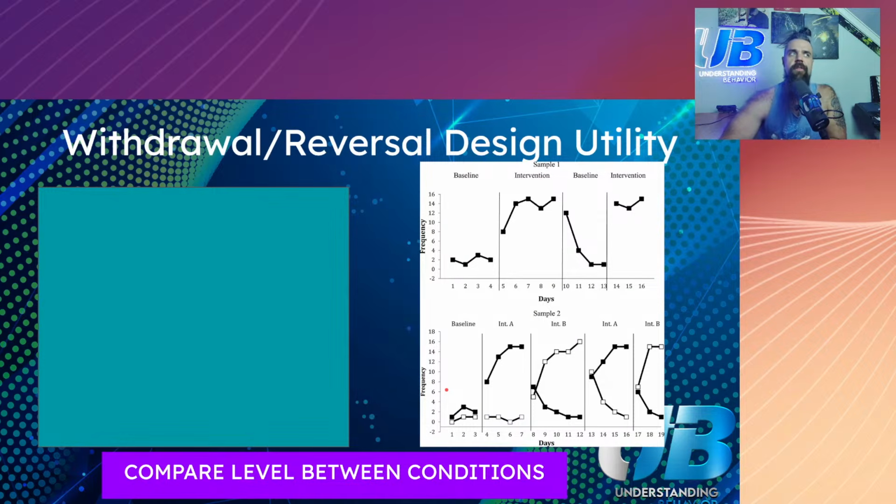Those are the features of the withdrawal reversal design. Remember, when we're trying to demonstrate experimental control, we always want to compare our level between our conditions. We can do that real quick here by drawing our level estimation lines, taking where the data stabilize.